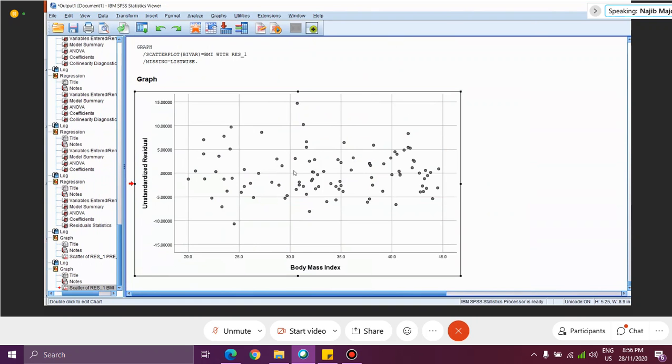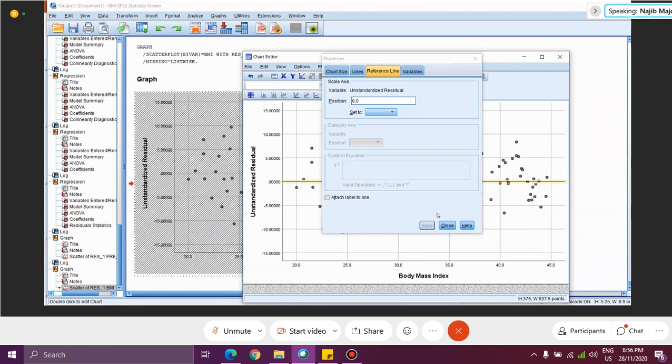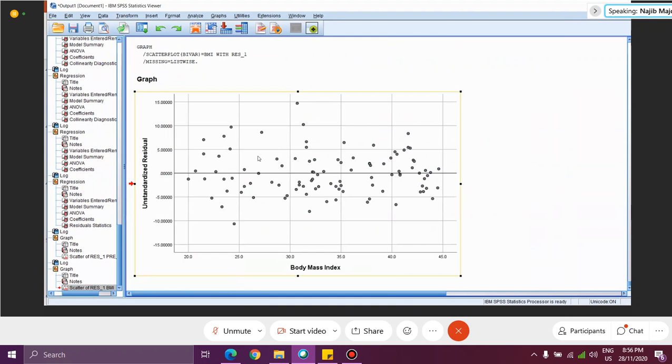Okay, so this one is an even nicer plot. You can see that all the dots, all the residuals, are scattered around the zero line for BMI. So it indicates that the assumption of independent variable linearity for body mass index is fulfilled, right?